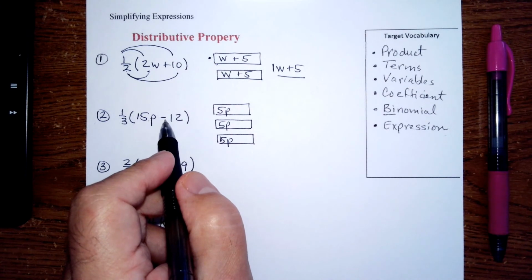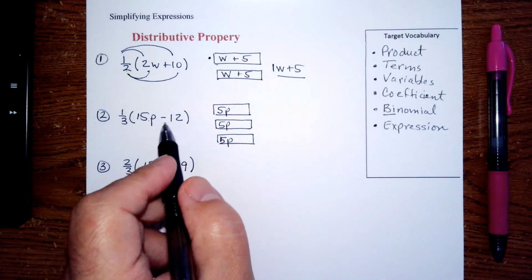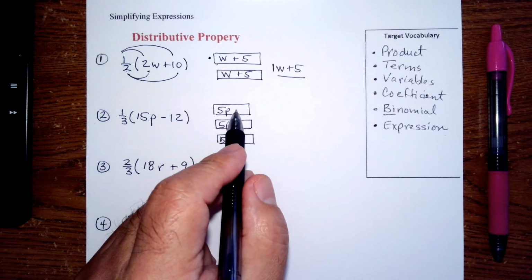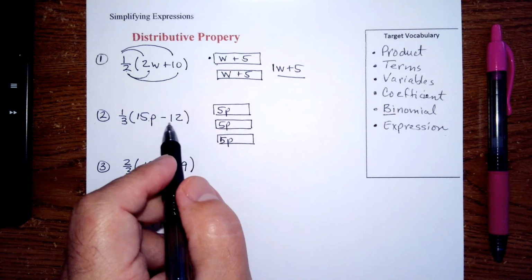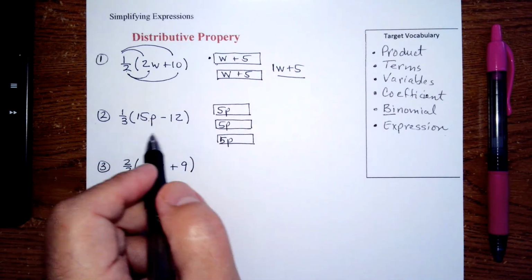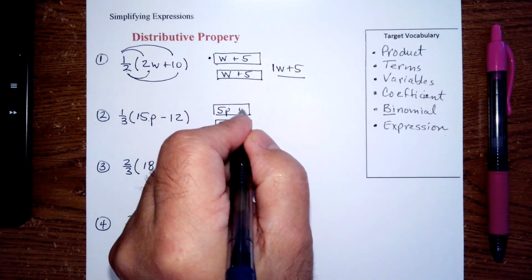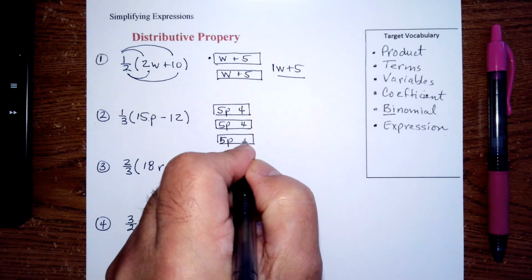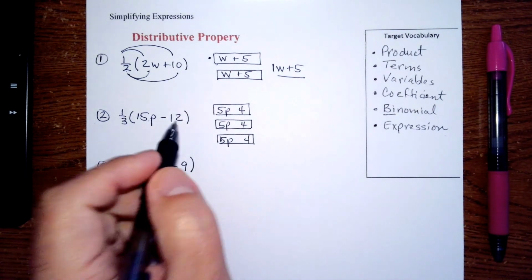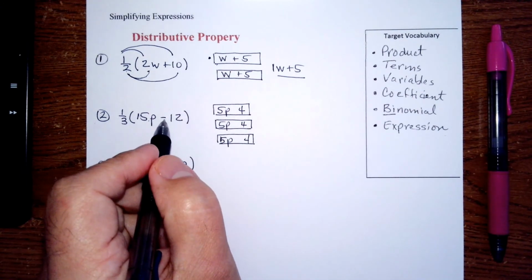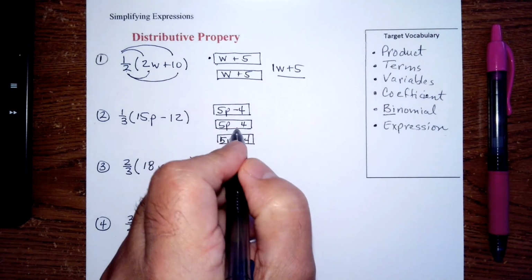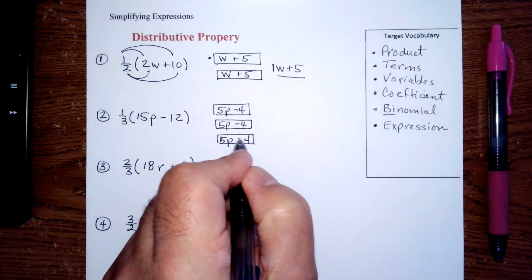Negative 12. I want to take that negative 12 and spread it out and divide it evenly into 3 pieces. What is 3 into 12? Or 12 divided by 3? Absolutely. But what kind of 12 is it? Negative. Negative 4, negative 4, negative 4.